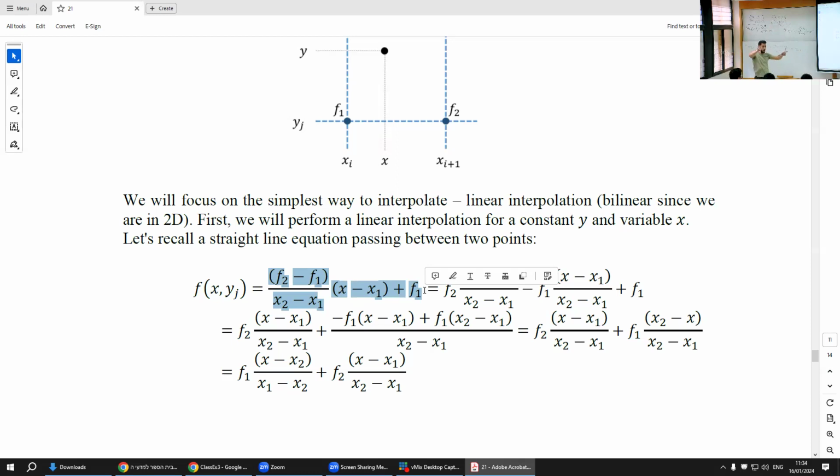Each one is a polynomial of x, and now I make a polynomial of y built of these polynomials of x. So the answer will be something that you expect. For example, here I expect that I get xy and x and y and a constant.